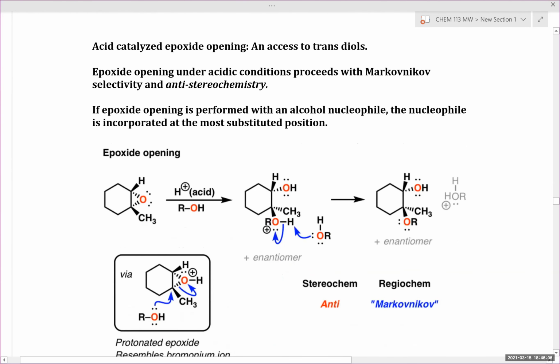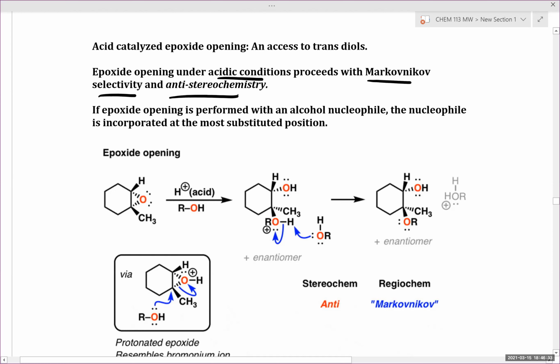Just like we talked about epoxide opening under acidic conditions as a means to prepare trans-diols, we can just as easily use epoxide opening under acidic conditions to prepare ethers as well. So epoxide opening under acidic conditions proceeds with Markovnikov regioselectivity and anti stereochemistry.